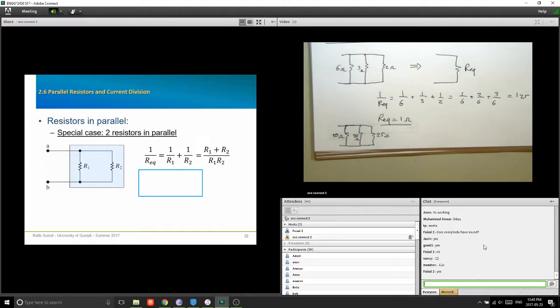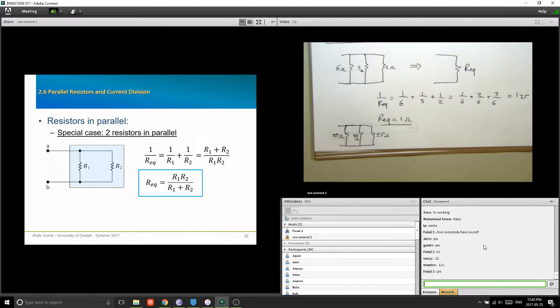It's just adding fractions. So this is 1 over R equivalent, and I take the inverse to find R equivalent. That's equal to R1 R2 over R1 plus R2, the product of the resistors divided by the sum of the resistors.